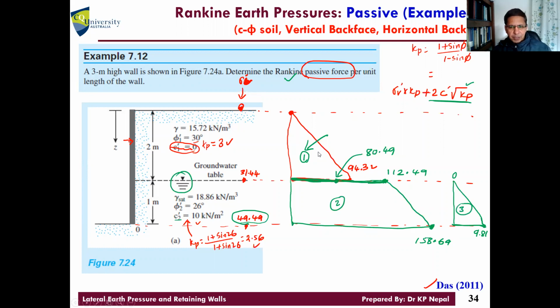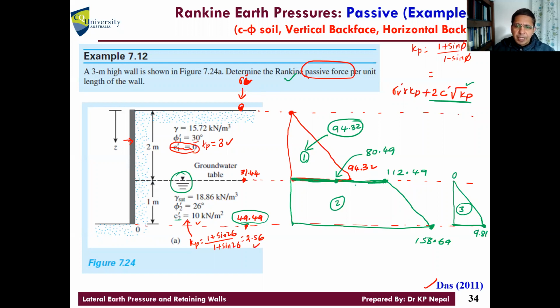What is the area of the first one? 0.5 times 94.32 times, what's the height? 2. This is the area I'm talking about.